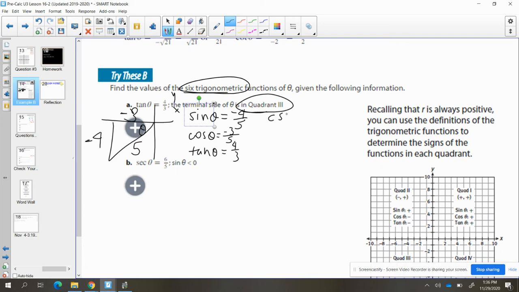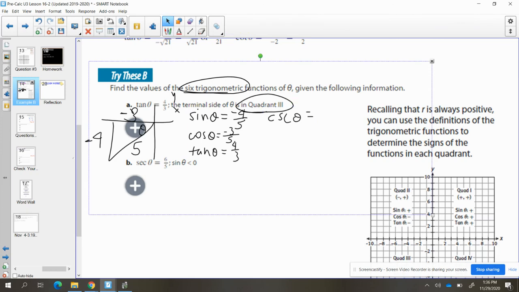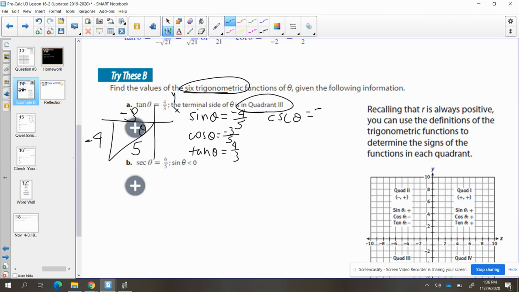That means that cosecant is the flip of that. So instead of being 4 over 5, it's now 5 over 4, still stays negative. Secant is the opposite of the cosine, so that's going to be negative 5 over 3. And cotangent in this case was 3, is going to be 3 over 4 since it was 4 over 3.